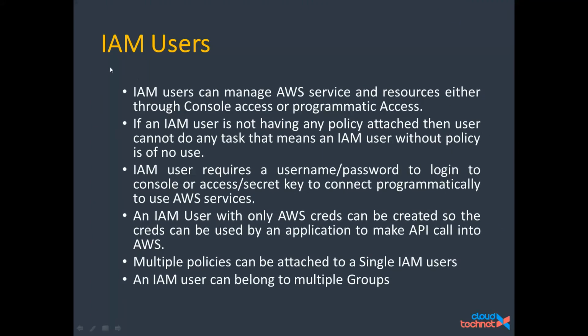Let's take an example. What is the meaning of an IAM user? IAM users can manage IAM services, like whatever services the management console shows, 80 plus services; all the services are managed with the IAM user only.